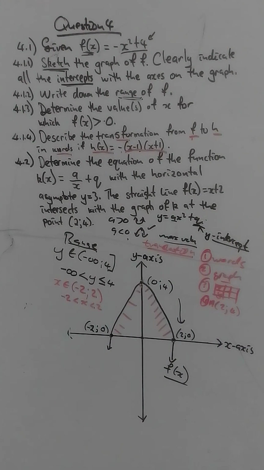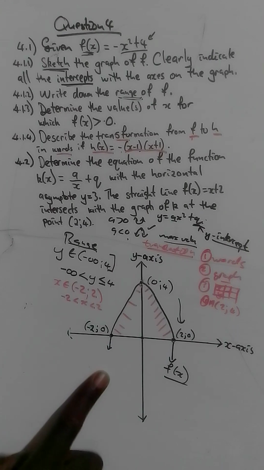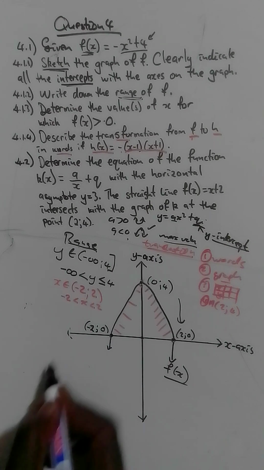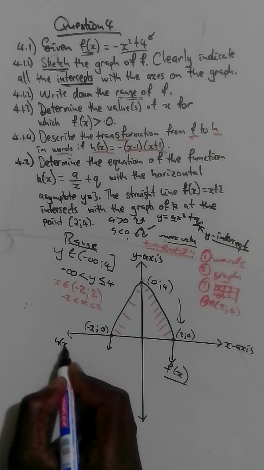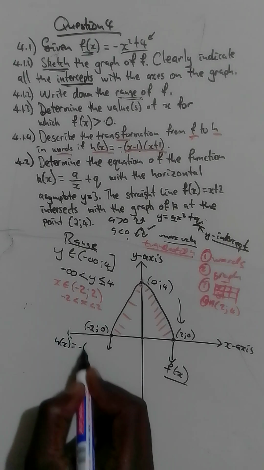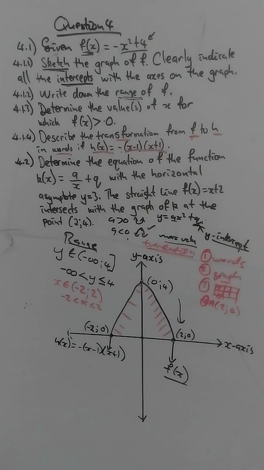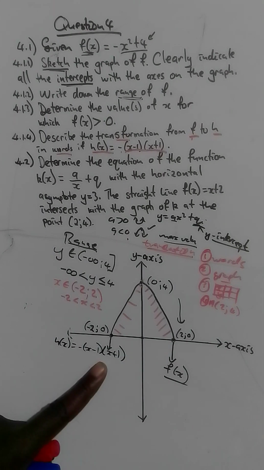Now, what are we going to do? We are going to calculate. I'm going to utilize this space. I'm given h of x, which is equal to negative open bracket x minus 1 and x plus 1. So what am I going to do? I'm going to expand here.